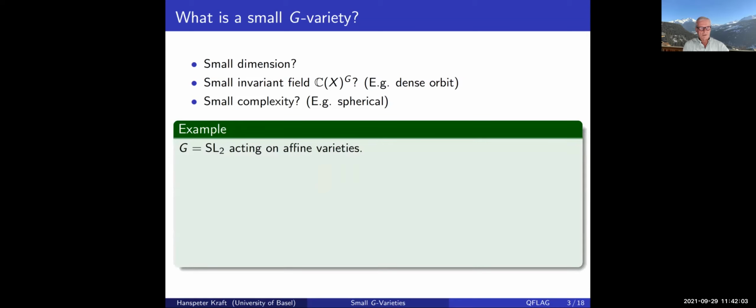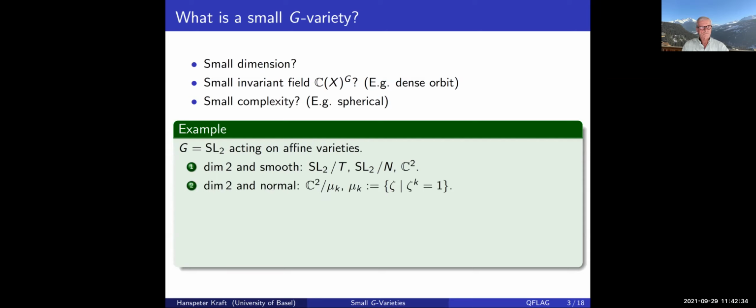Let me give an example. I start with SL_2, as everybody should do at the beginning. If we take dimension 2 and smooth, remember we are acting on affine varieties, there are two examples, SL_2 modulo the torus and SL_2 modulo the normalizer of the torus, and the standard representation. These are all the smooth 2-dimensional SL_2-varieties.